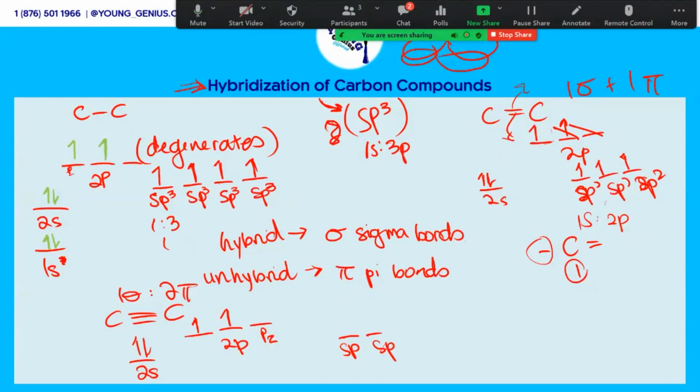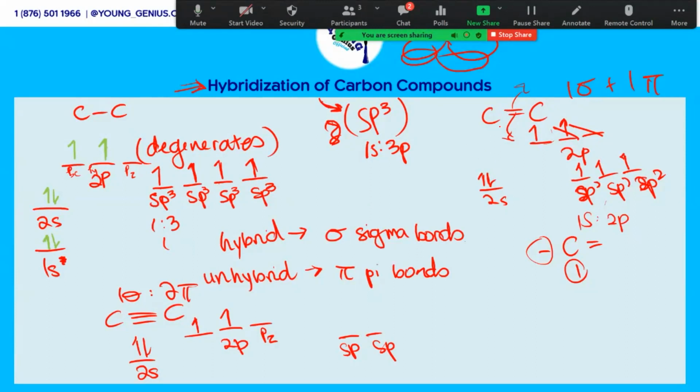Following? So when that happens, what you'll get are sp3 hybrids. sp3 is basically a little code to tell you that there are 3 p orbitals mixed with 1 s orbital. So you will get 4 sp3 hybrids.